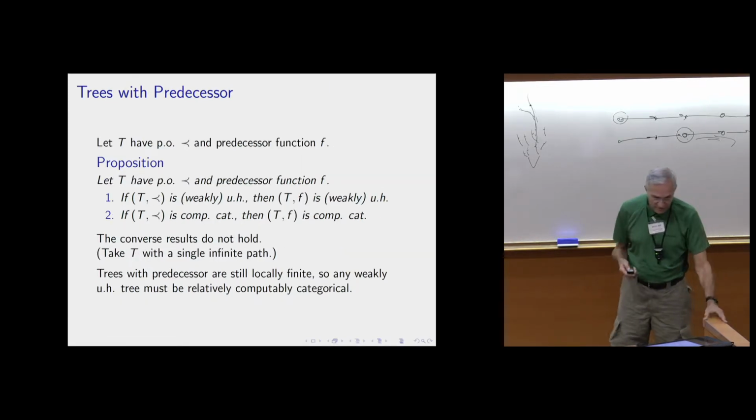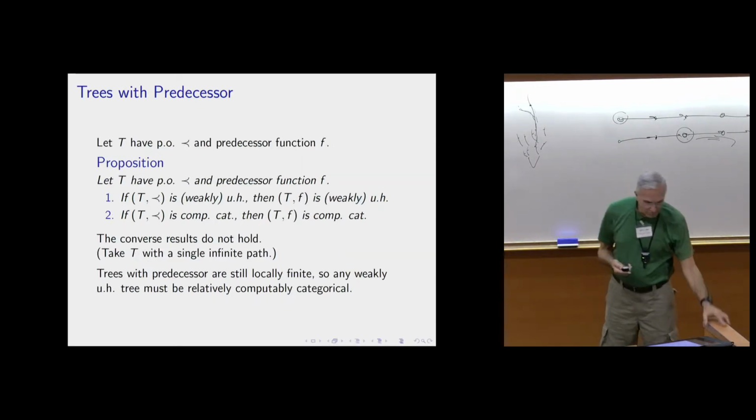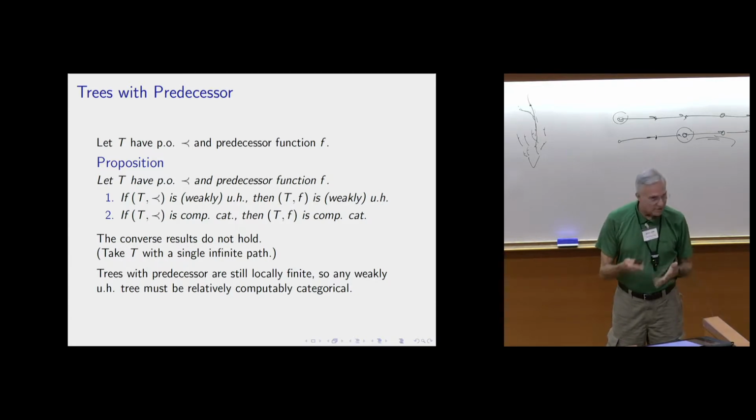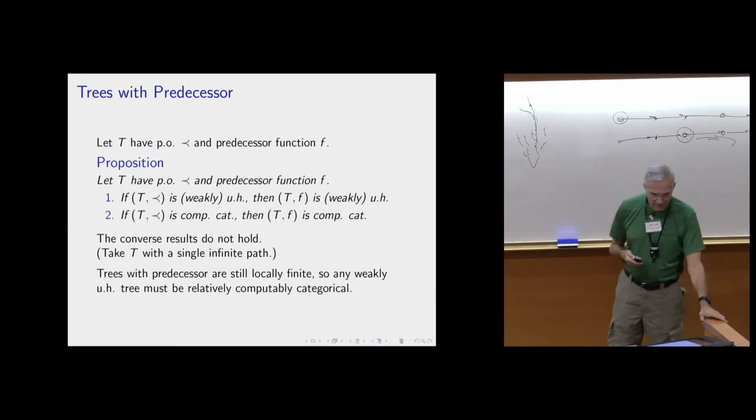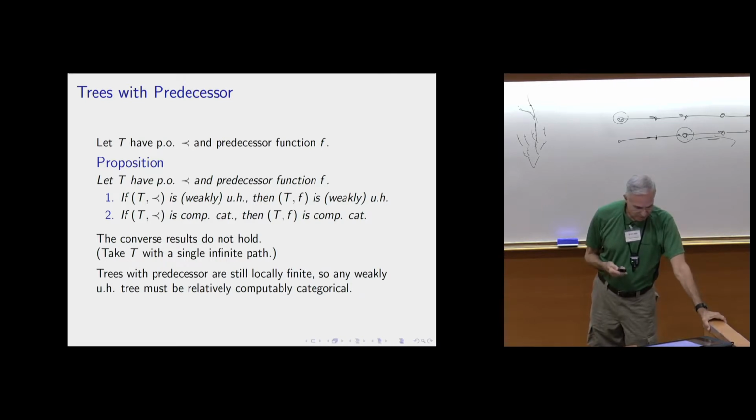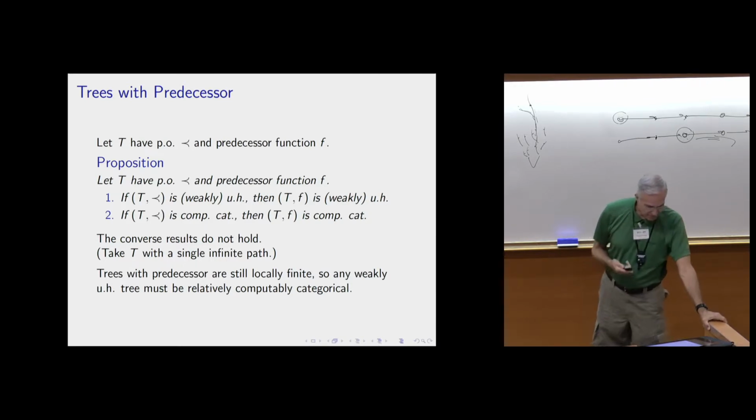Then under predecessor, I think with the predecessor you can determine the partial ordering, because you just take each node and go down to the root, and along the way you're going to see whether one is above the other. So this is a more general notion.